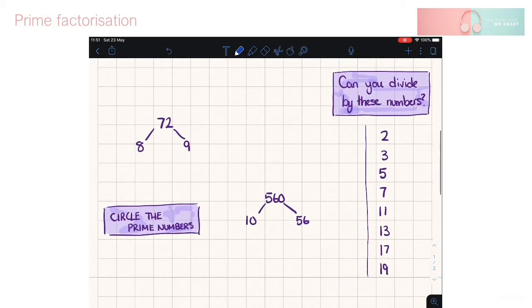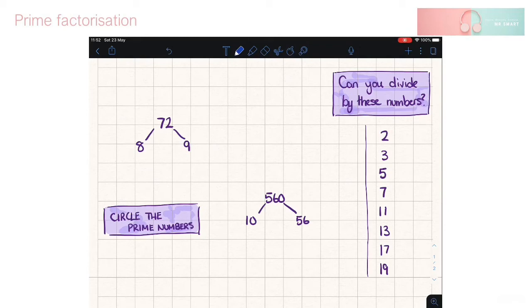Okay, let's have a look at a couple more examples here then. Because actually, you don't always need to find a prime number that divides into the number that you're looking at. So 2 examples here of that. 72, I just happen to know that 72 very quickly is 8 times 9. Okay, I know it divides into 2, I know it divides into 3 and some other numbers, but knowing my times tables, I know that it's 8 multiplied by 9.